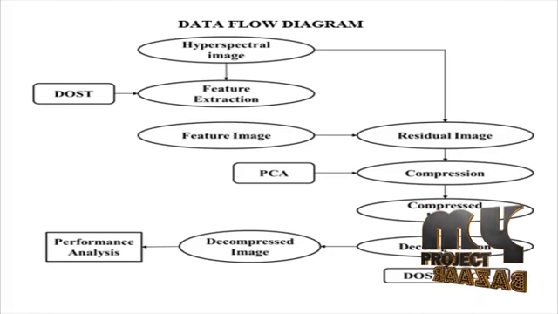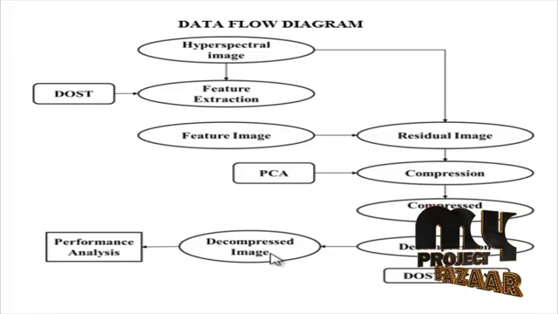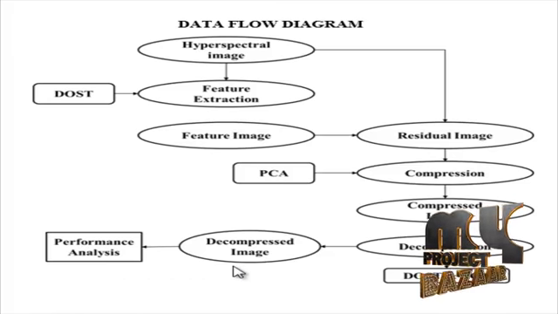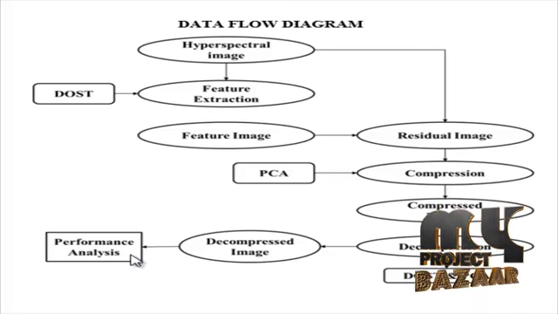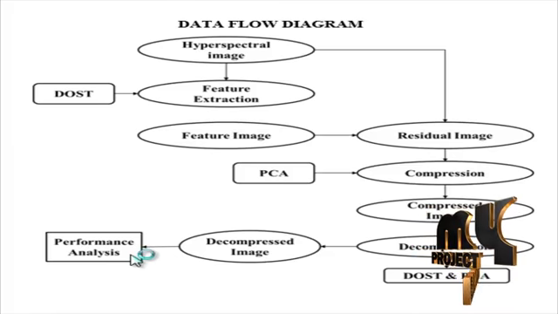Then the decompression process will be performed by reversing the operation of PCA, obtaining the decompressed image, in order to obtain the original hyperspectral image from the decompressed result using the DOST algorithm. Finally, we estimate the performance analysis for accuracy, sensitivity, and specificity.